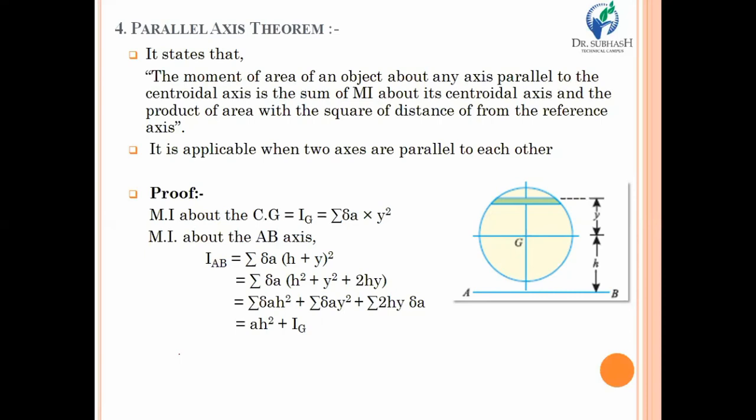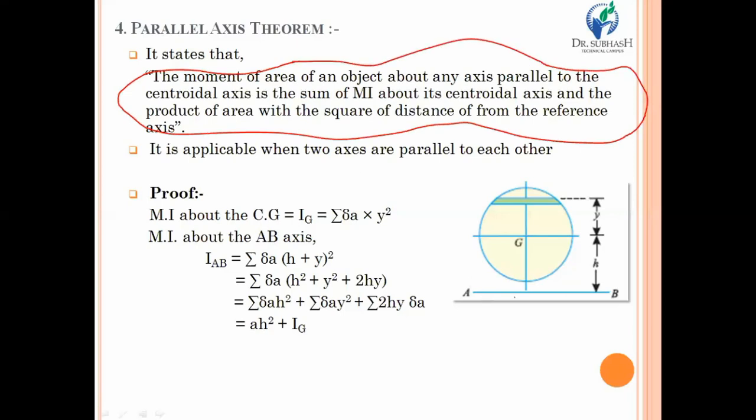The statement of the parallel axis theorem is that the moment of inertia of an object about any axis parallel to the centroidal axis is the summation of the moment of inertia about its centroidal axis and the product of area with the square of the distance from the reference axis. In short, suppose you have a reference axis AB, and it should be parallel with the centroidal axis.